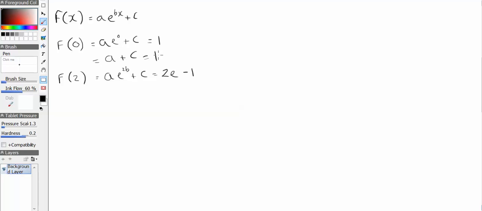When x is 2, then the y coordinate is 2e minus 1. So again, I just wrote it out here. At this point, I'm making a bit of an educated guess, because looking at this function, if on this side I've still got e to the power of 1, and here it was e to the power of 2b, I'm making a couple of assumptions.